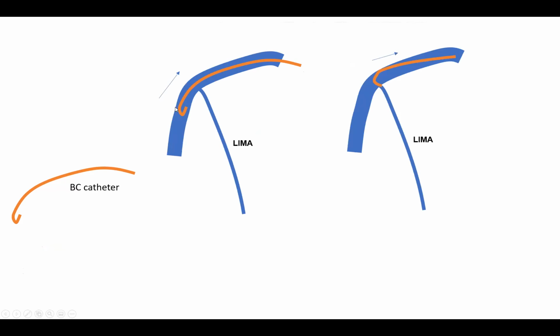So I typically use the sharpest catheter, which is the BC catheter, and pull it, and it will spread out and look down on the LIMA as I'm pulling out. Like I said, frequently it's either clock or counterclock. Frequently, I would start with a clock in this case. Same idea. You look at the thyrocervical trunk, vertebral, and you try to aim in between and make the catheter point down.